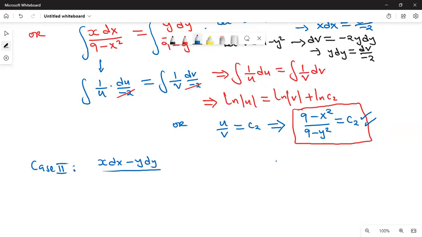When you do that, the denominator will be x squared minus y squared. You simplify. That should be equal to z dz over 4 plus z squared.